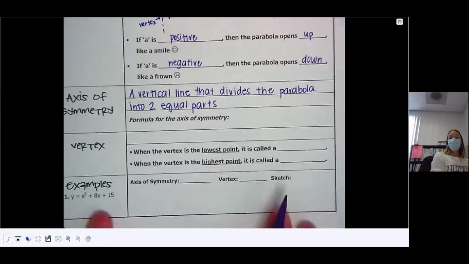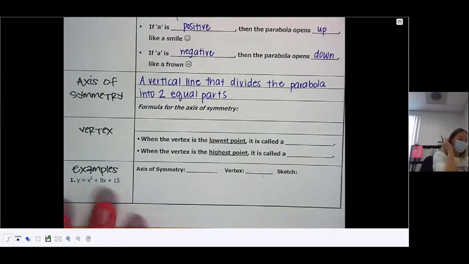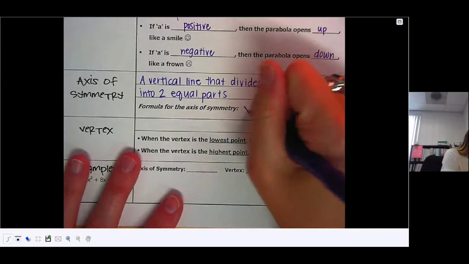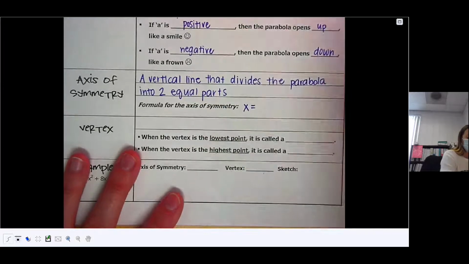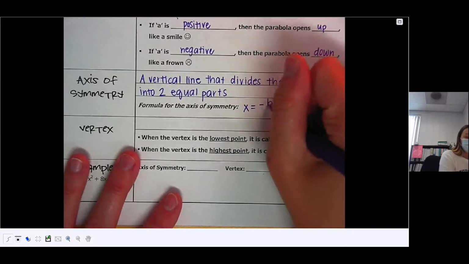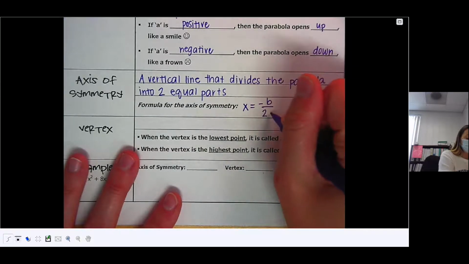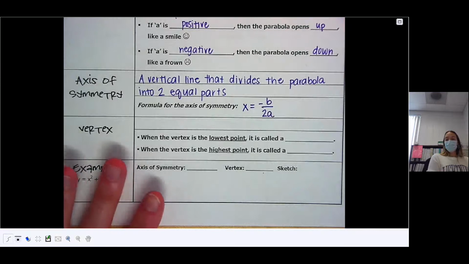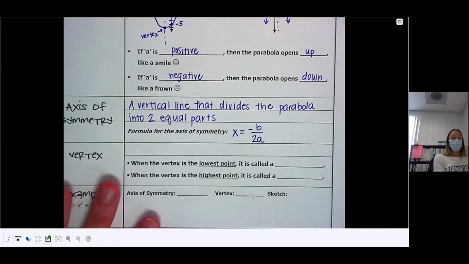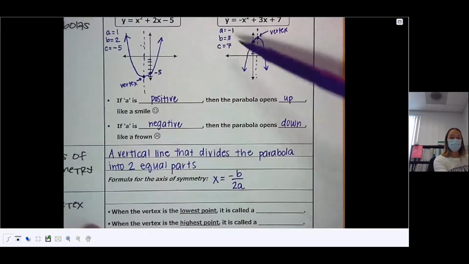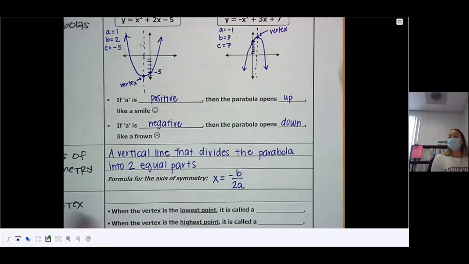The formula to find the axis of symmetry is x equals negative b divided by 2a. And the b and the a come from this part of the equation, the numbers in front of the x's.